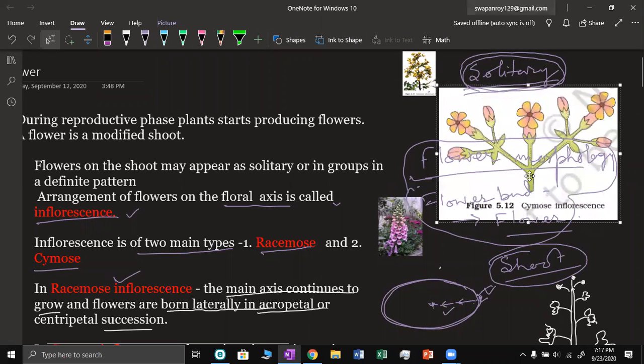Here is one diagrammatic representation of the cymose inflorescence. Here is the main axis. The main axis has been terminated in a single flower, and this is in the center.